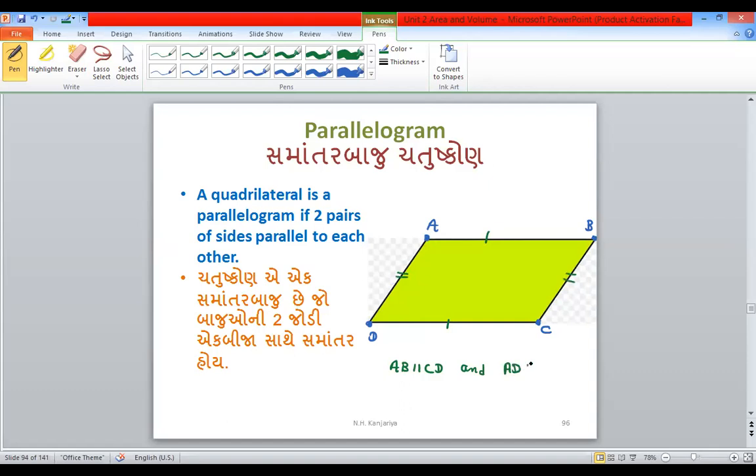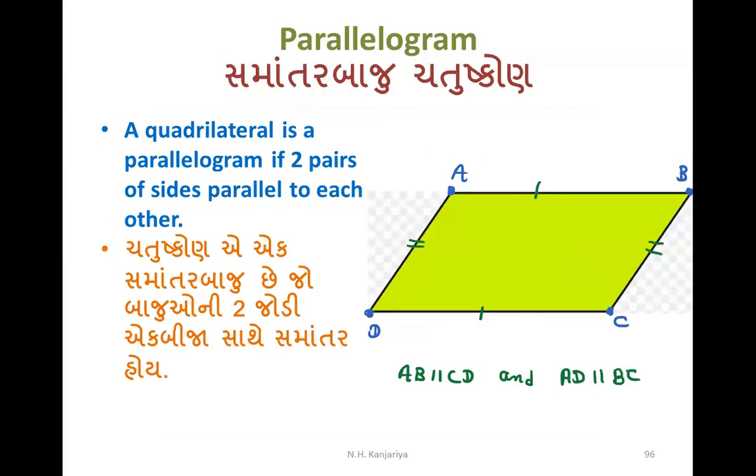AD, it's parallel to BC. So this is the definition of the parallelogram. Parallelogram has any two pair of the sides which are parallel to each other.